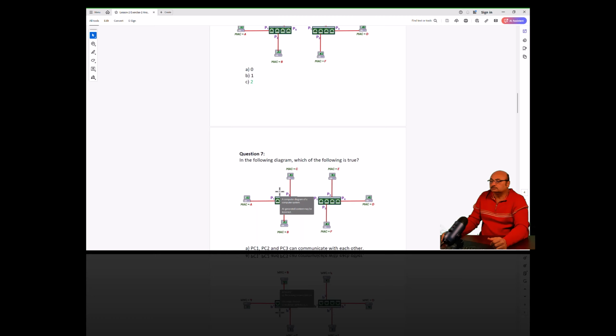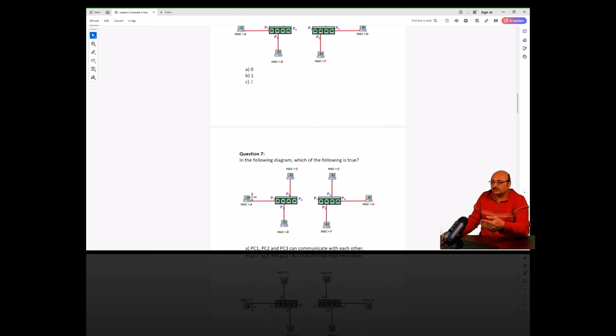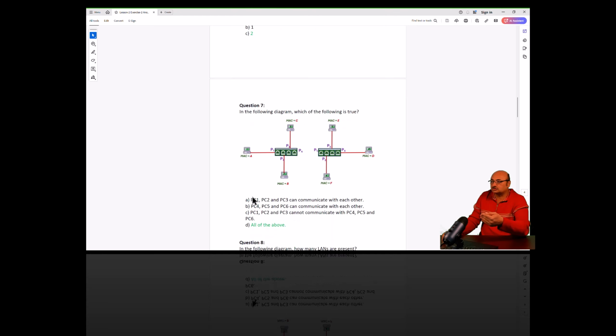Now, extending from question 6, same topology, but the question is which of the following is true. Now when these are 2 separate LANs and there is no wire connecting the 2 hubs, obviously they are going to be isolated amongst themselves. So PC1, PC2 and PC3 can communicate with each other.